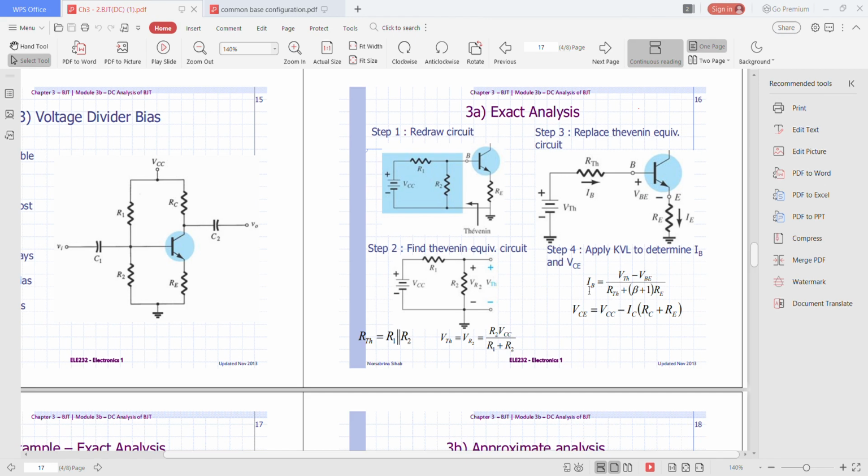So move all the notation to the other side and remain IB. You will get IB equals VTH minus VBE over RTH plus in bracket beta plus 1 multiplied by RE.